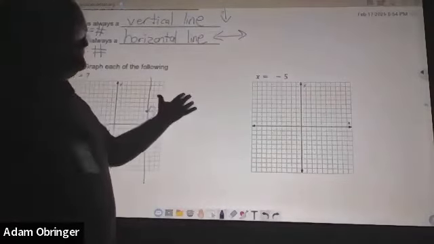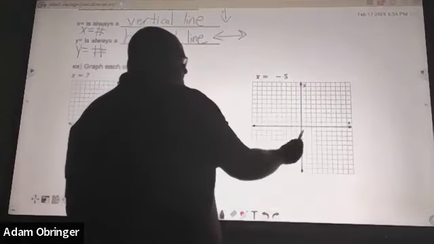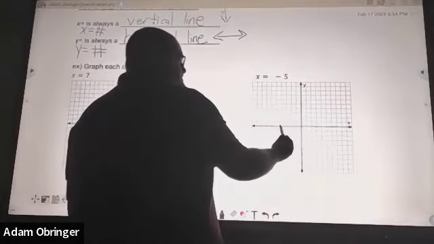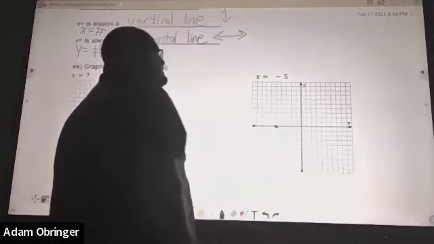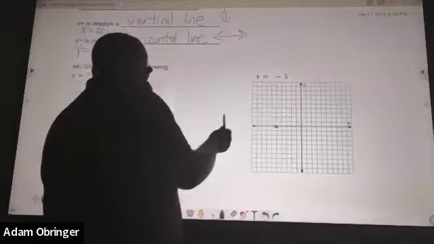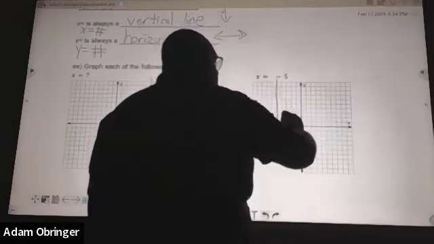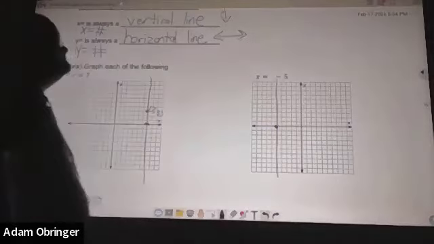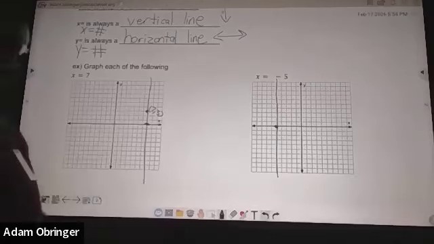X equals -5. Well, where would x be -5? Over here at 1, 2, 3, 4, 5 to the left. The only line that I could draw that wouldn't touch any other x's would be a vertical line. Same thing for y.